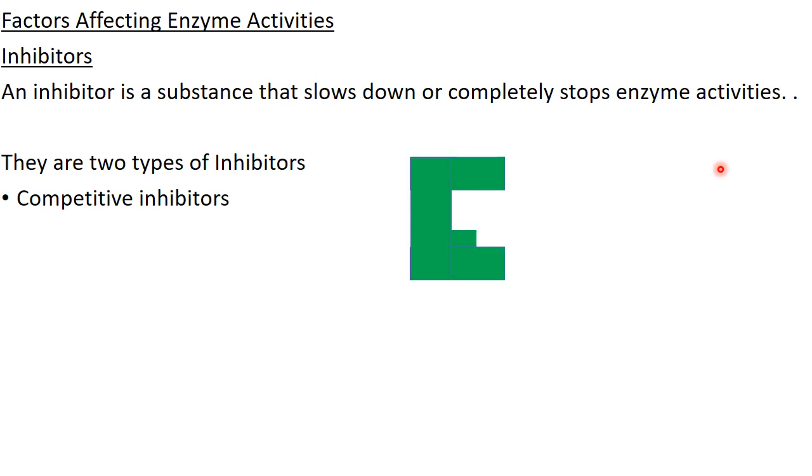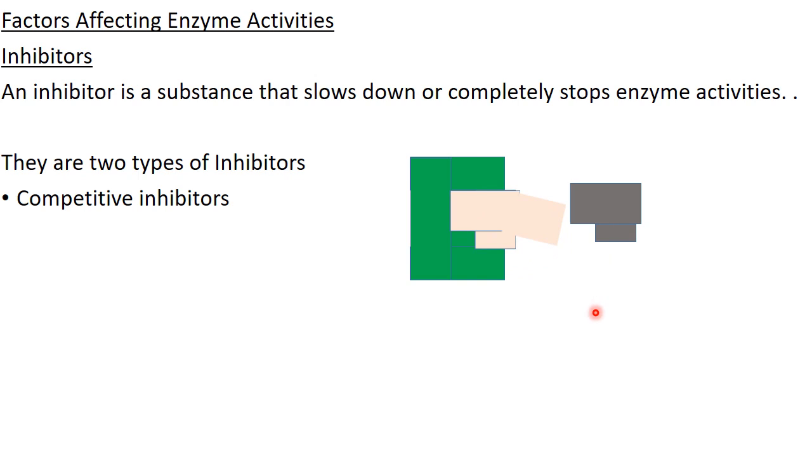Let's say we have an enzyme and a substrate. This substrate is supposed to fit into this active site. In the presence of a competitive inhibitor, this is an example of a competitive inhibitor for this enzyme. A competitive inhibitor has a shape just like the substrate, but it's not the substrate.